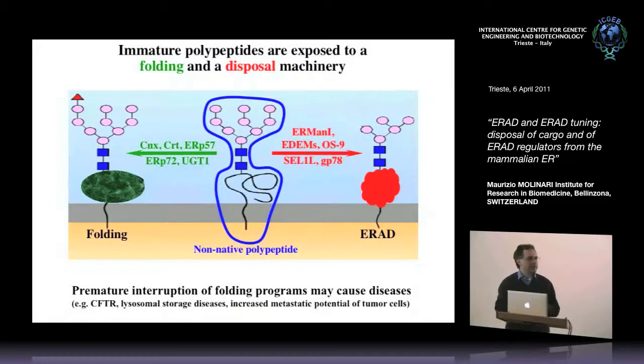One amino acid is missing. We don't know exactly why the quality control machinery thinks that this protein is wrong. It's active. If quality control were based on measuring activity, this protein is perfectly fine. Unfortunately, quality control is based on the architecture. There is something wrong. So this protein is captured by the ERAD machinery and it is destroyed.